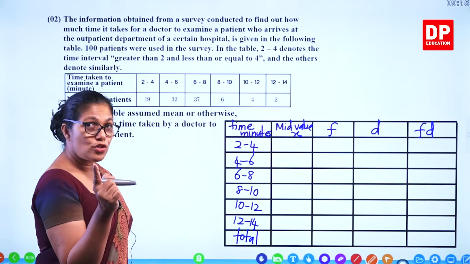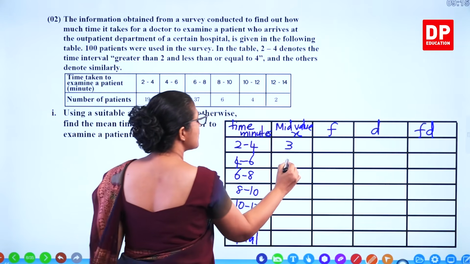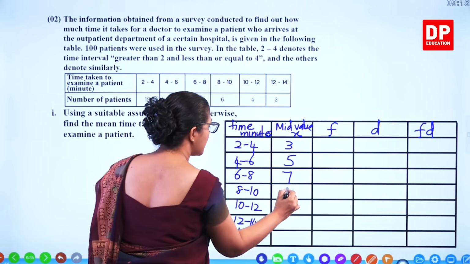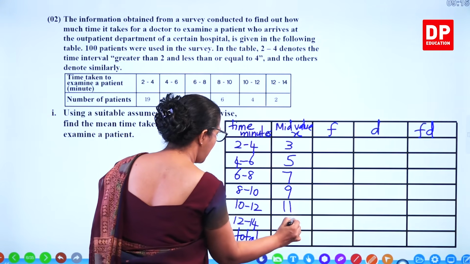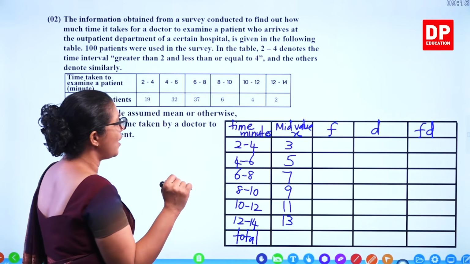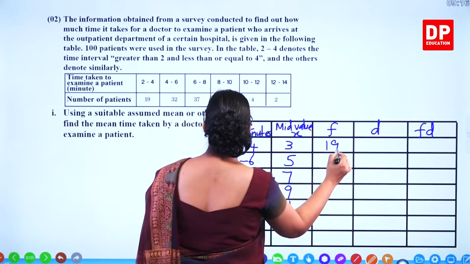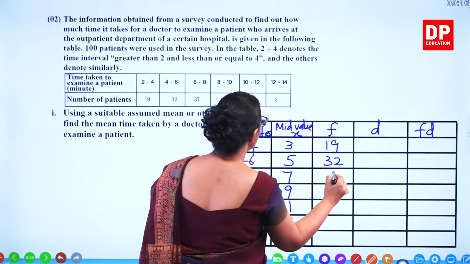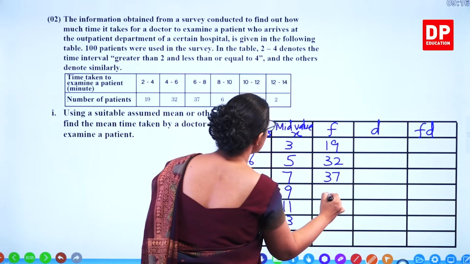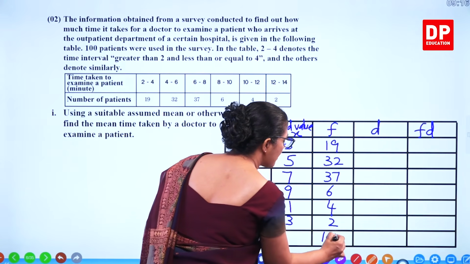Add and divide by 2. 2 plus 4 divided by 2, that's 3. This is 5, 7, 9, 11, 13. These are the mid values. Frequencies 19, 32, 37, 6, 4, 2. That's altogether 100.